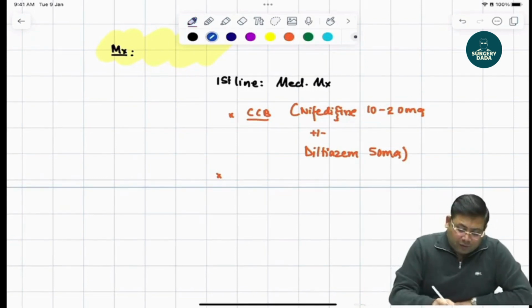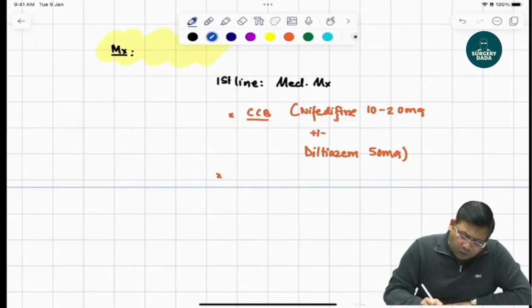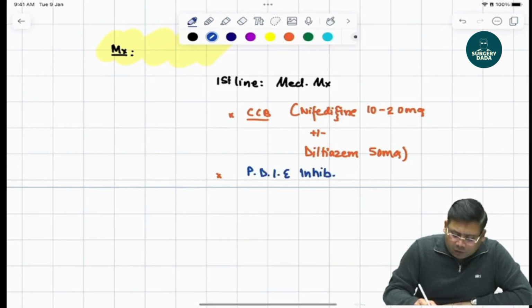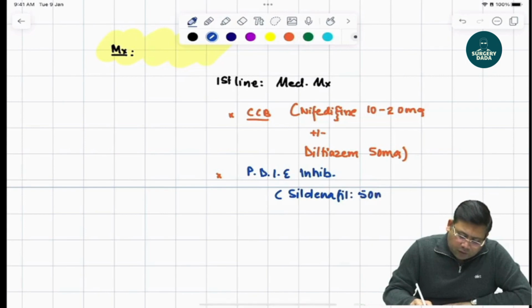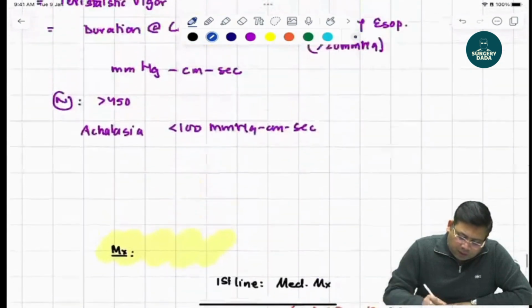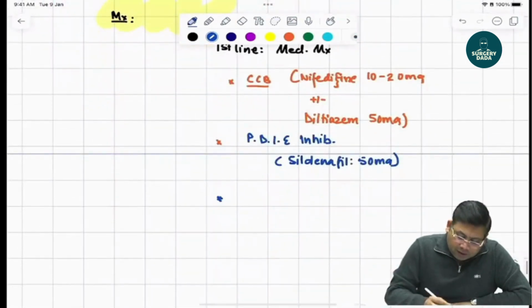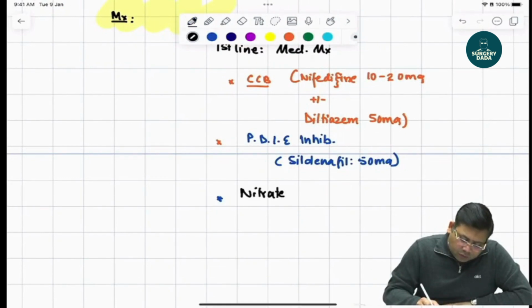Another thing that we need to understand is you can also use phosphodiesterase inhibitors, and when we talk about this, we have something like sildenafil 50 mg. This is what we can use. The most potent among the drugs are the nitrates. So nitrates are the most potent agents.